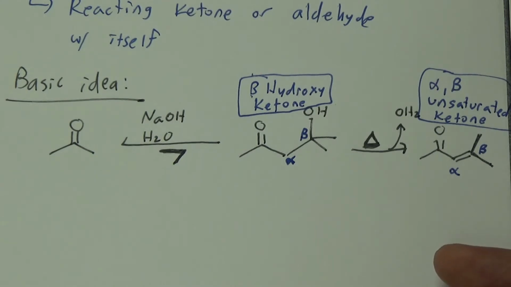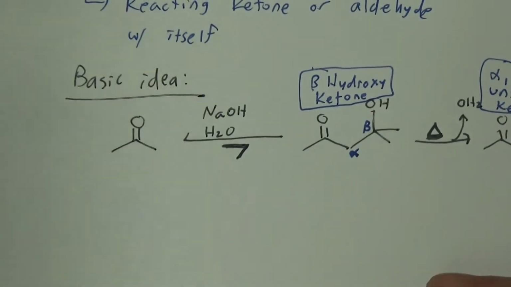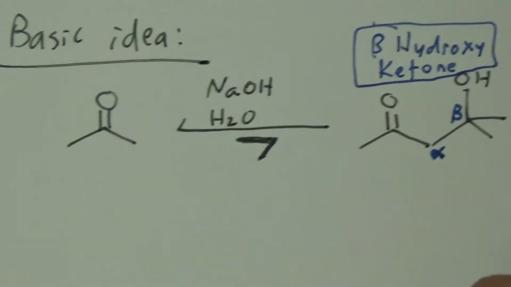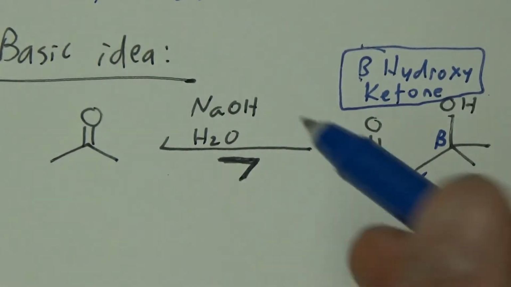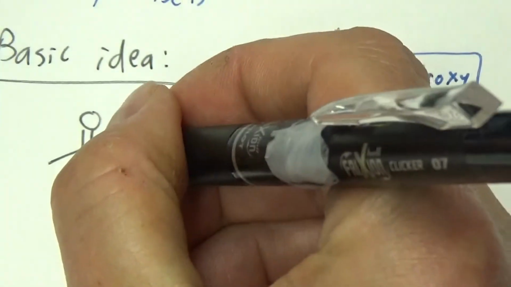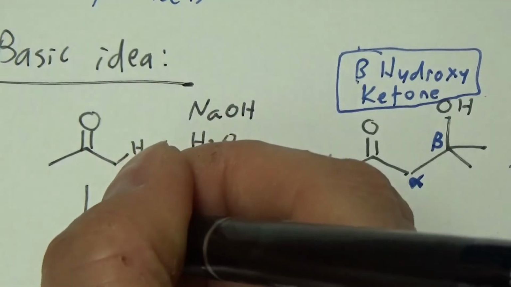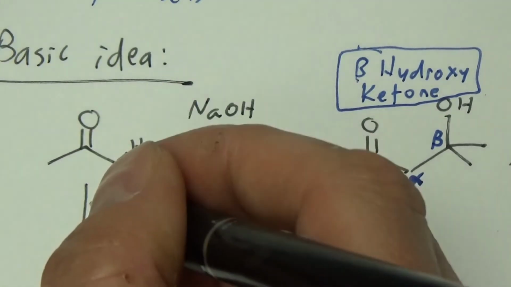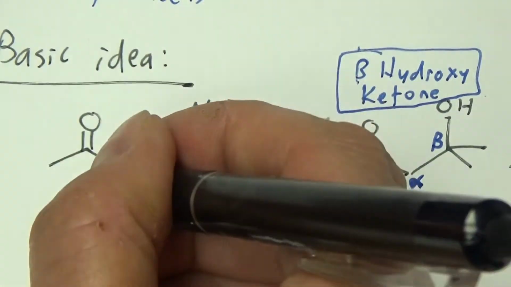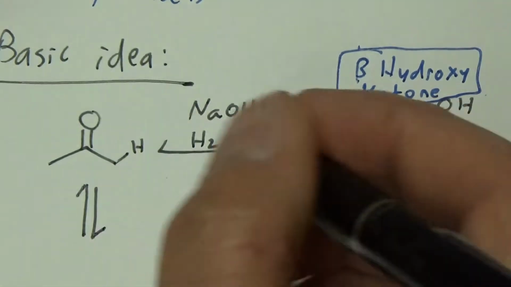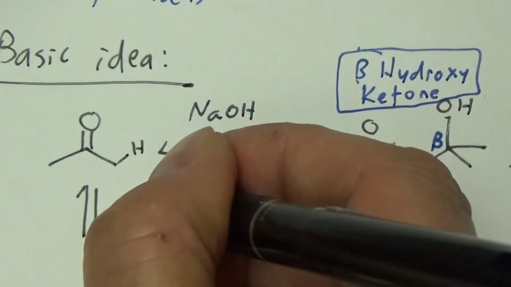So what's the mechanism of these steps? It's actually pretty straightforward. Let's just draw it as an equilibrium. Here we go. So we have OH minus.